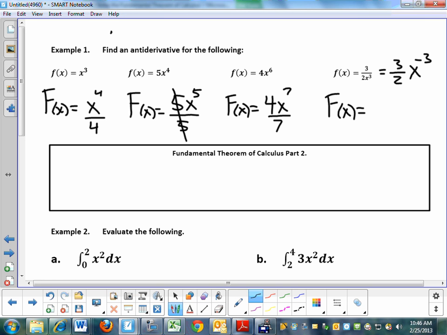So now what we should do is increase the exponent by 1 to get 3 over 2 times x to the negative 2 over negative 2. So the 3's on top. Yes. 3 over negative 4x squared.